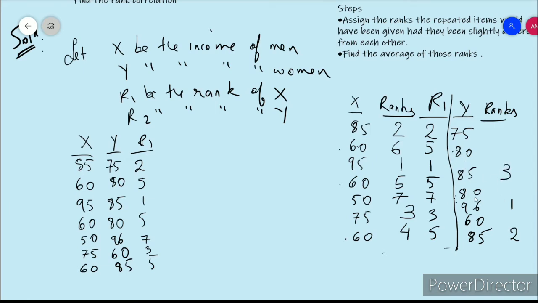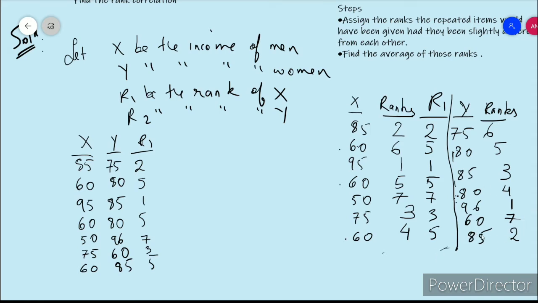If we assign this 80 the fourth rank, had this been slightly different from this, it would have taken the fifth rank, and this the sixth rank, and this the seventh rank. So we take the average of those, and also sorry, I made a mistake.